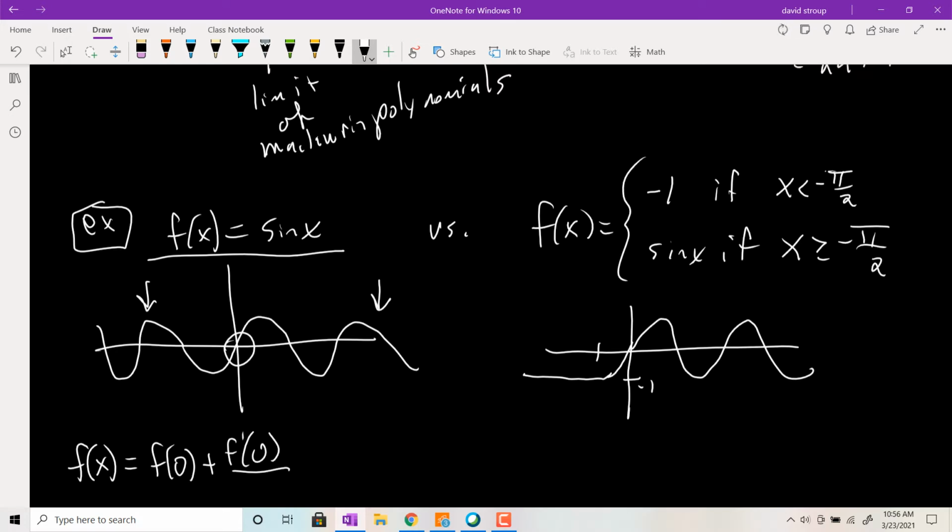Right. So f of x is f of 0 plus f prime of 0 over 1 factorial times x, plus f double prime of 0 over 2 factorial x squared, etc. Right? So you really don't need to know anything about the function out at the other edges. So if you have a function like the second guy here, and you look outwards away from the center, it's different, right?